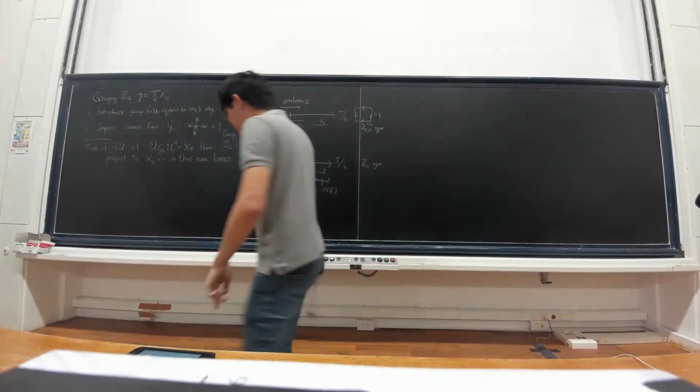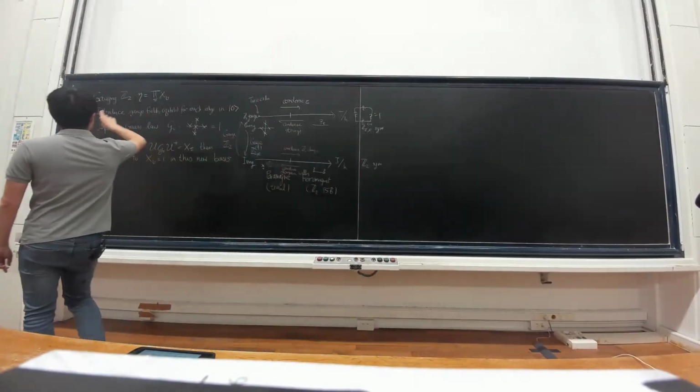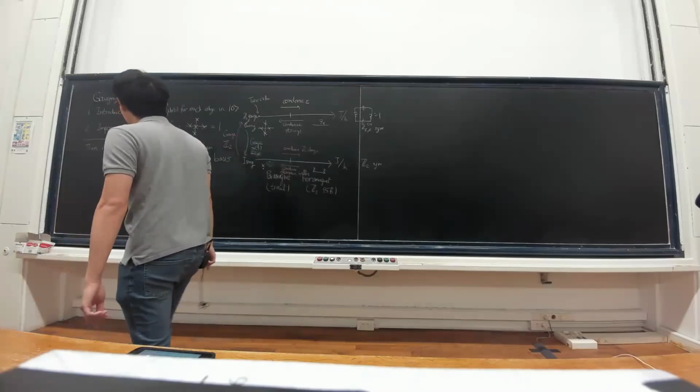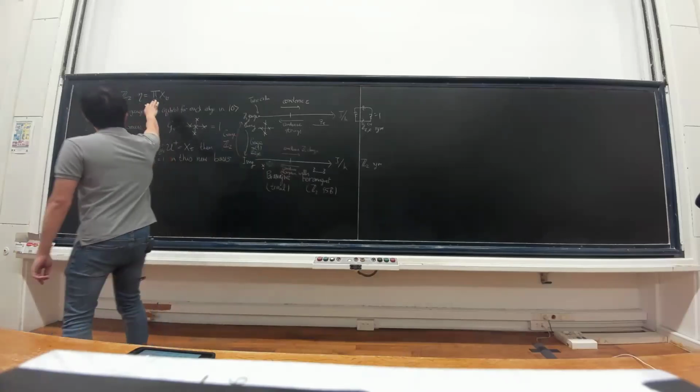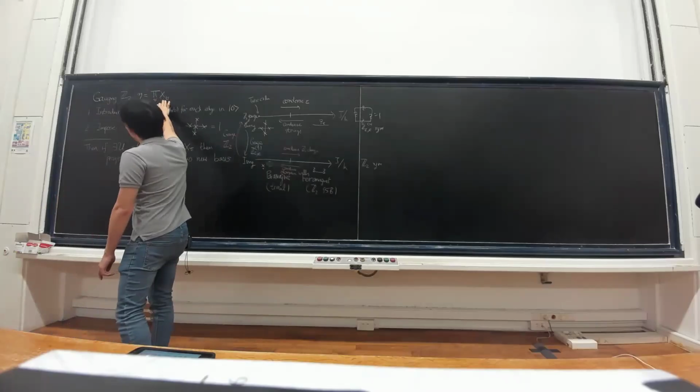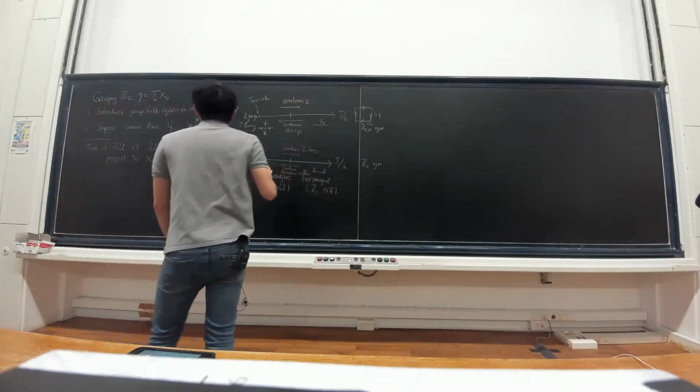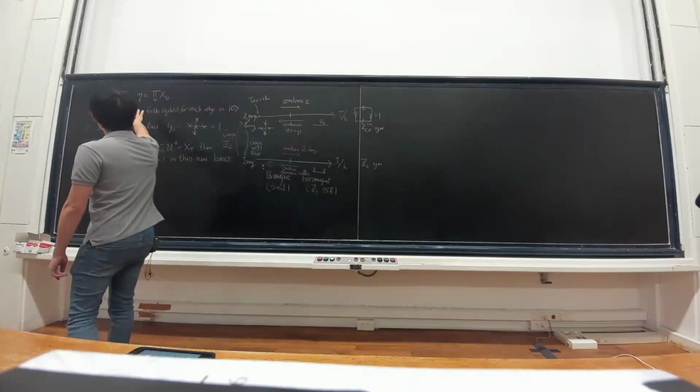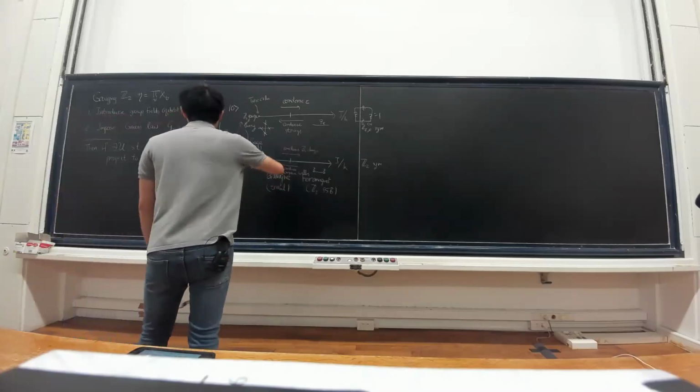I talked about gauging as a procedure, and specifically how to gauge the Z2 symmetry. We were on the square lattice where all the qubits were on the edges, and the Z2 symmetry is the product of X over all vertices. I introduced a procedure for gauging that consists of two steps.